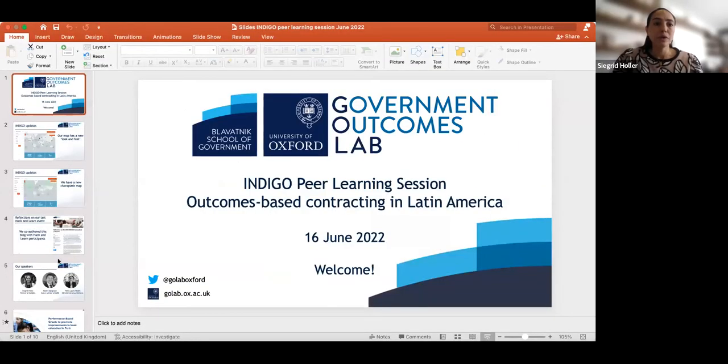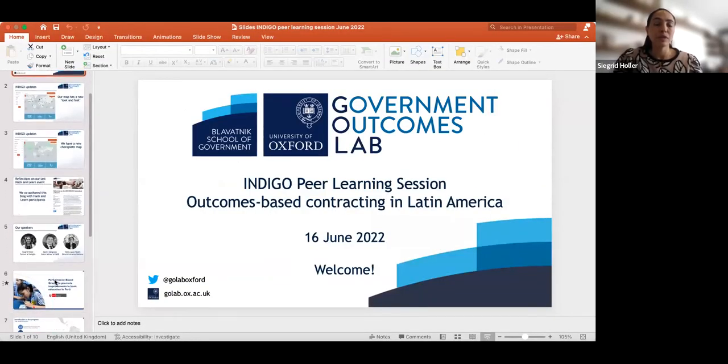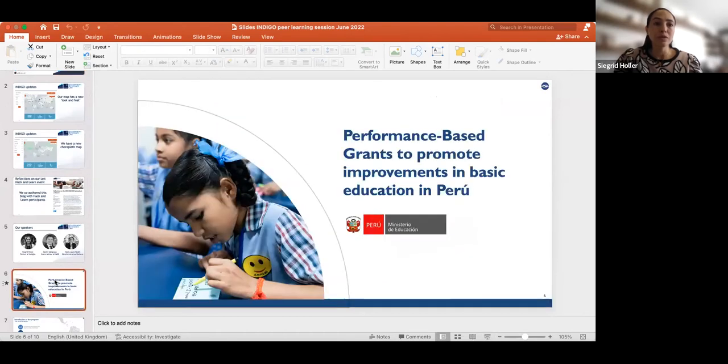Now, in terms of examples, I wanted to give a small explanation of one project that we have in Colombia, where we are helping the mayor's office to hire different contractors based on results, to place 45,000 people in formal jobs for around $11 million.